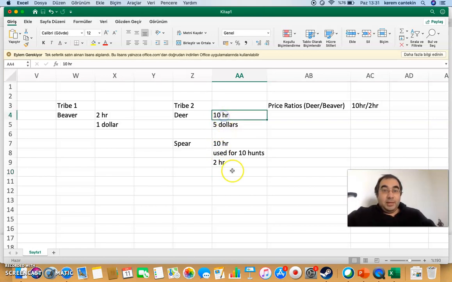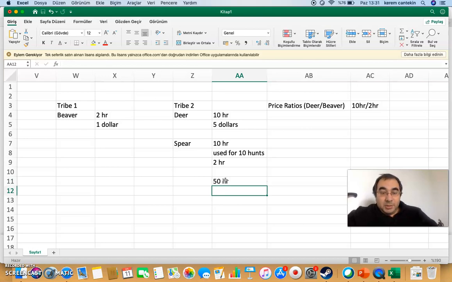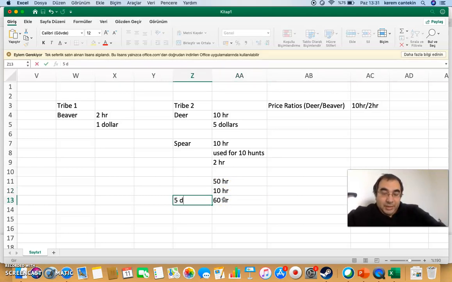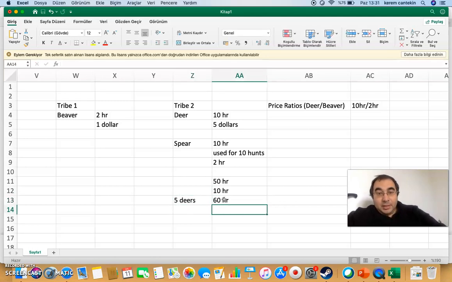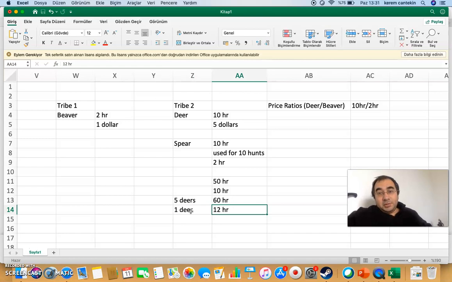So, in general, to hunt the deer themselves, you need 50 hours. To produce the spear, you need 10 hours. So in total, you need 60 hours. Since this 60 hours is needed to hunt 5 deer, you need 12 hours per deer.